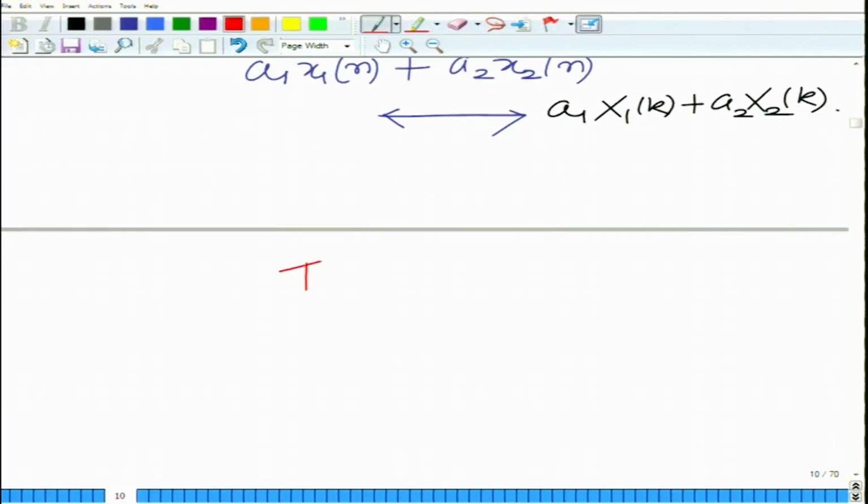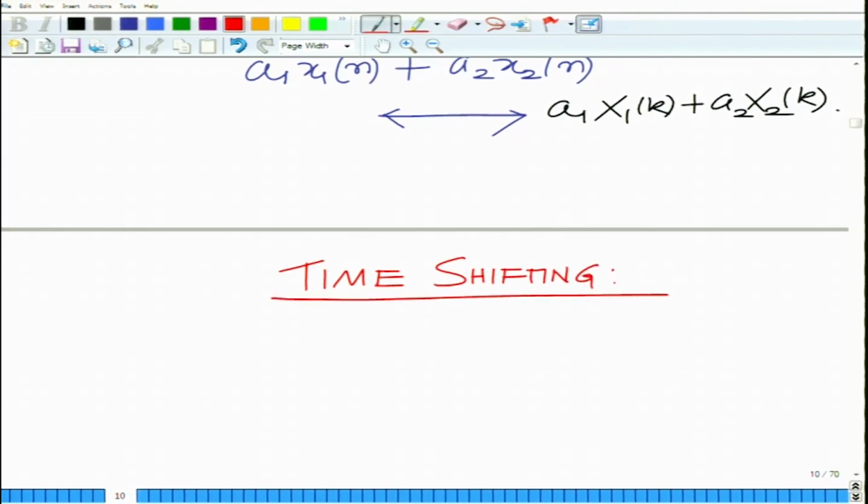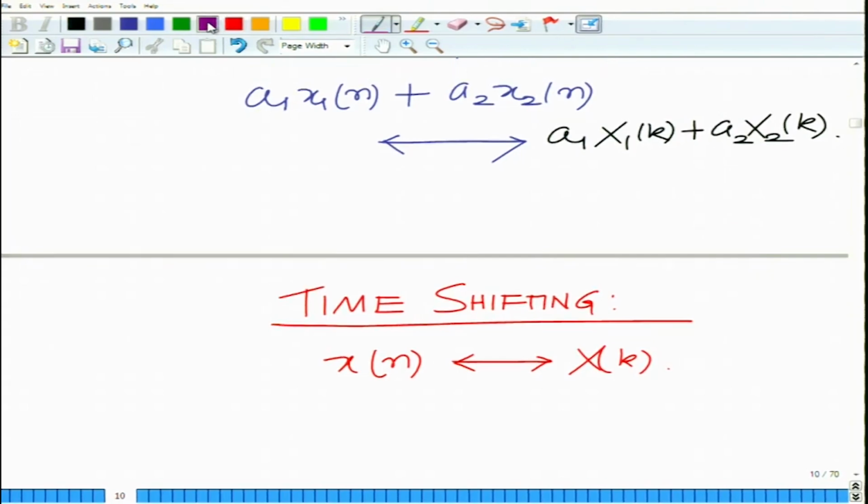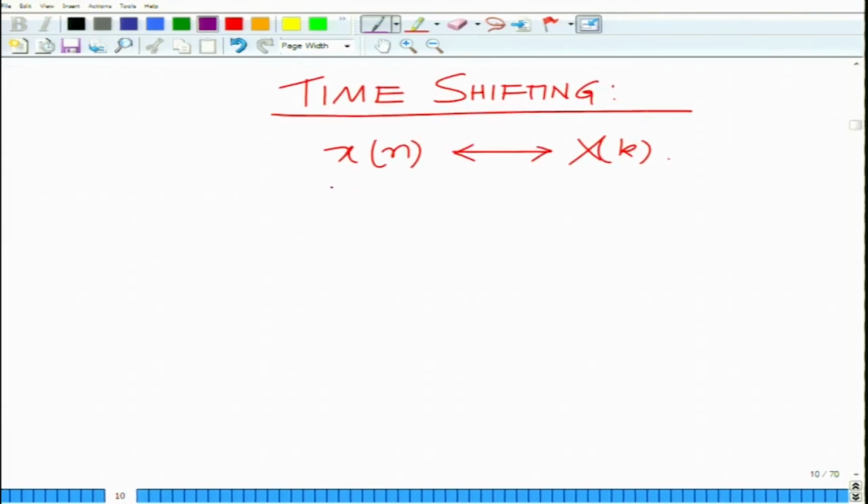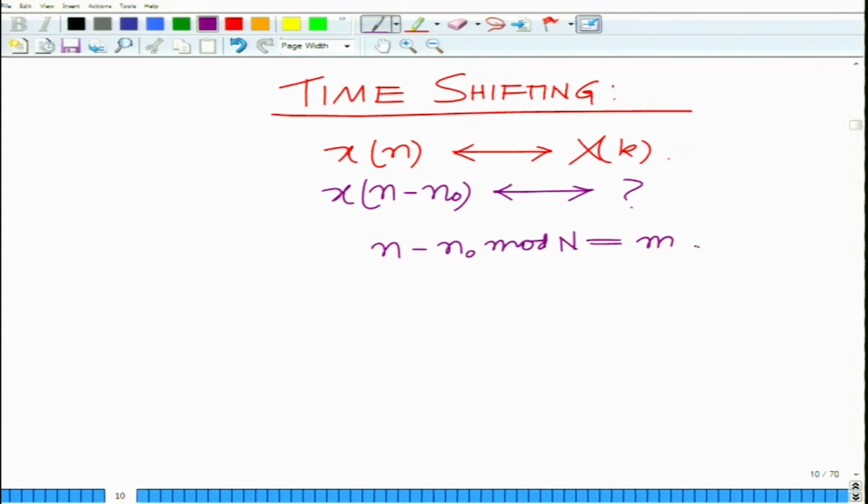Now, what about time shifting? Suppose x[n] has the DFT X[k]. What can we say about x[n − n0]?